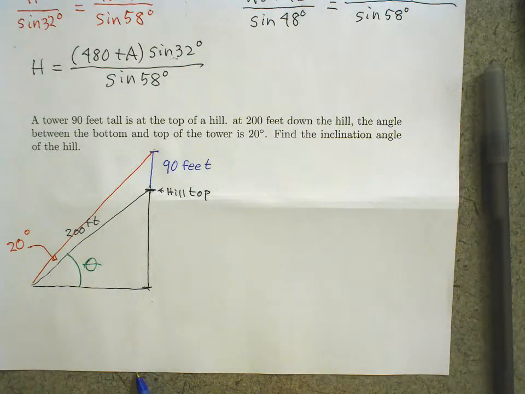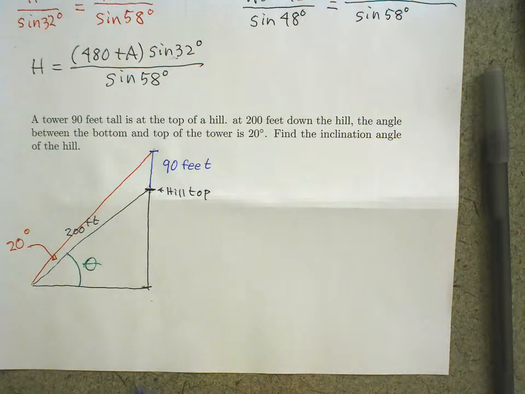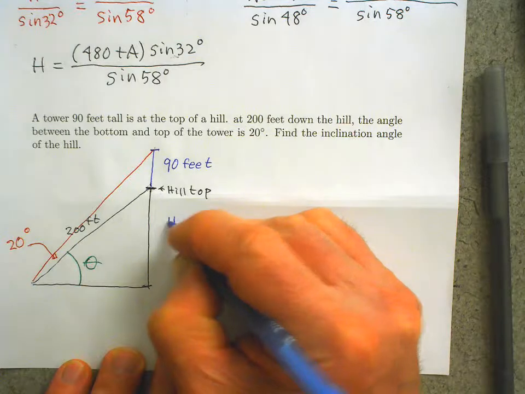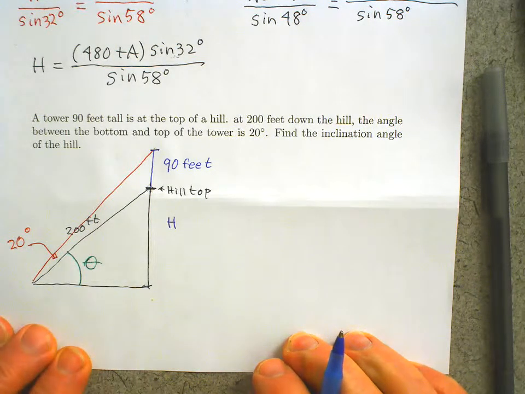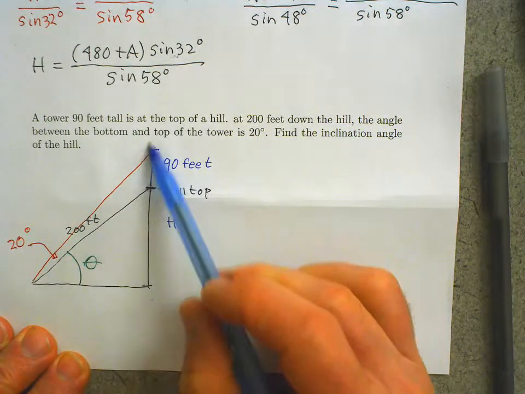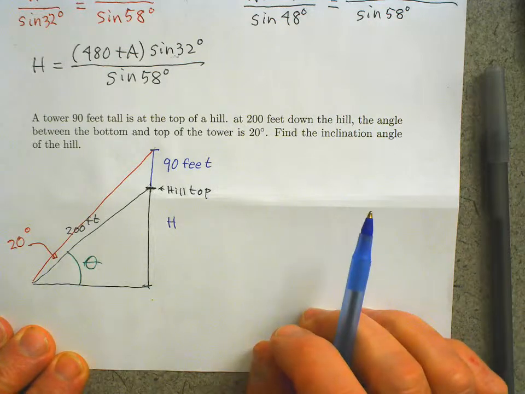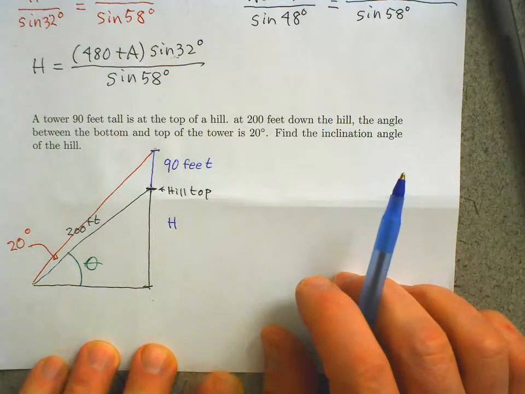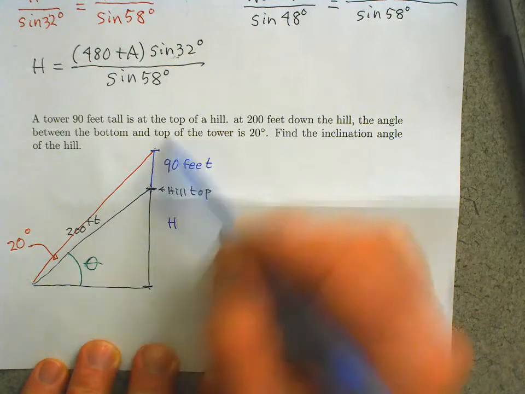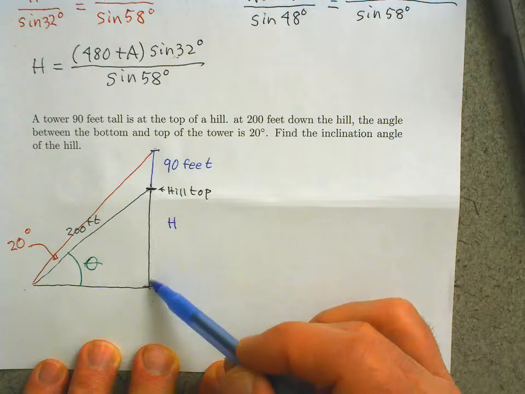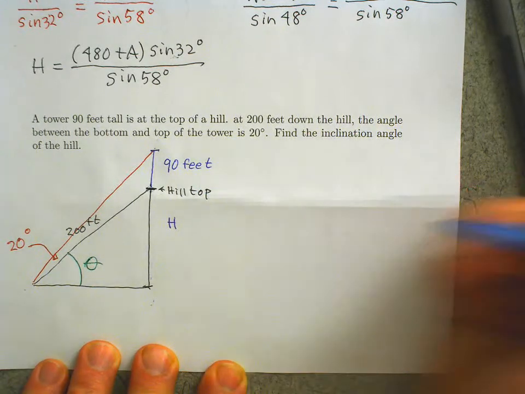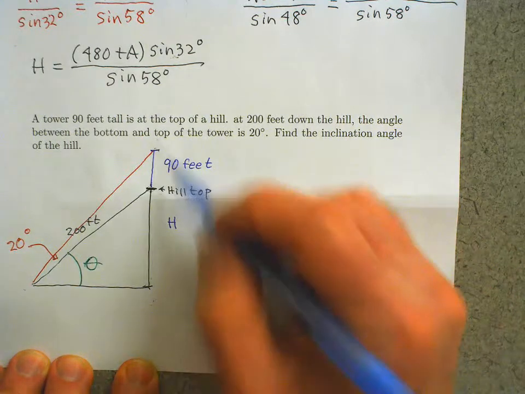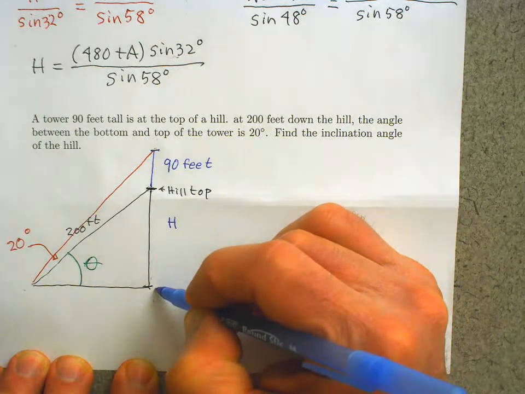Okay, so, well, if we label the height of the hill h, we can look at two right triangles again. So in the big right triangle, this side is 90 plus h, or h plus 90.